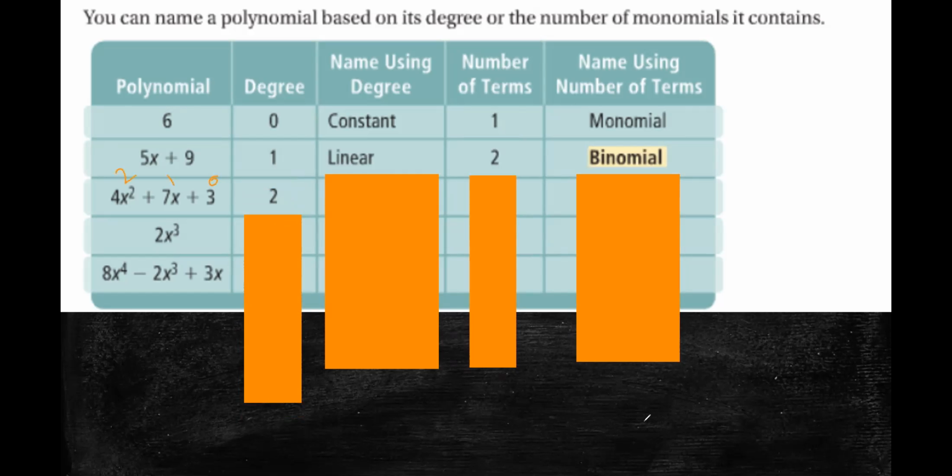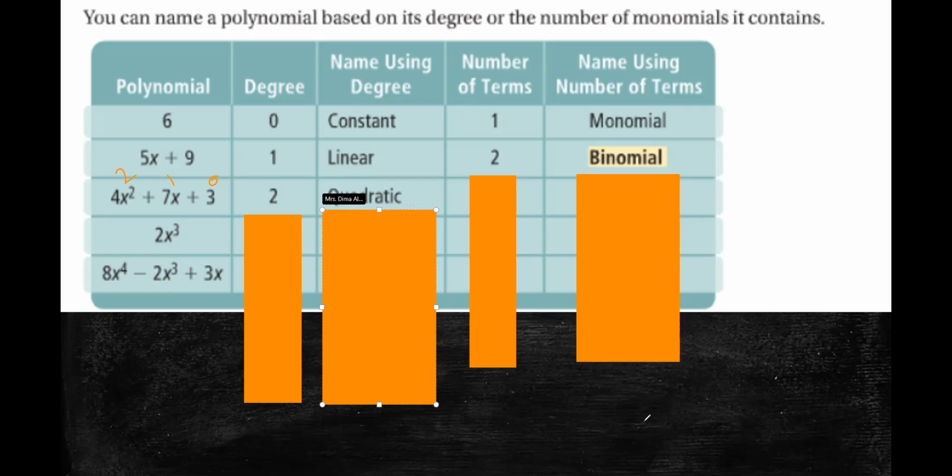So the highest degree is 2. And if the highest degree is 2, we call it quadratic.